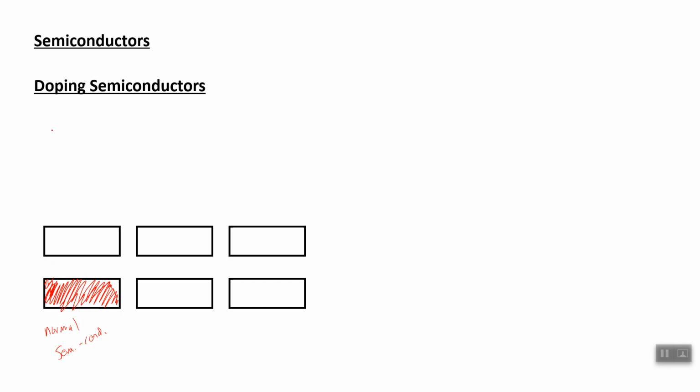We know that in general, electrons only move if they are in the conduction band. And so a normal semiconductor just sitting there with no electrical energy applied to it is not going to have electrons moving around in it.